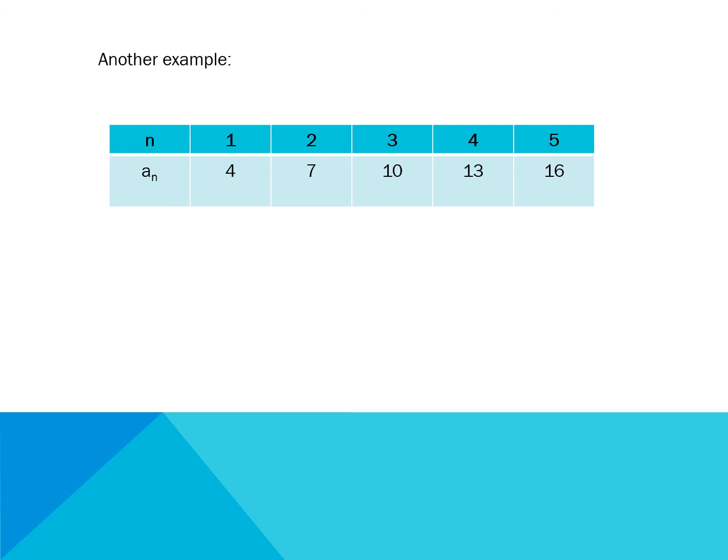Same with our lesson from grade 8, the general rule for this is a sub n, or the second number, is equal to 3 times n, or 3 times the first number, plus 1. So we have a sub n equals 3n plus 1. You may recall that from your grade 8 mathematics.